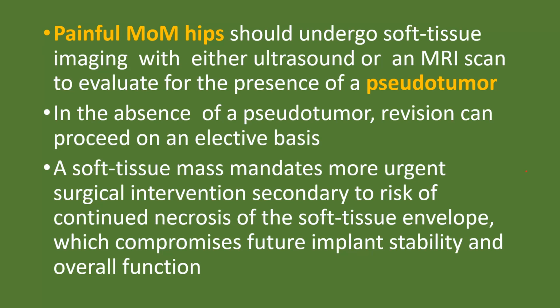In the absence of a pseudotumor, revision can proceed on an elective basis. A soft tissue mass mandates more urgent surgical intervention secondary to risk of damage to the soft tissue envelope, which compromises future implant stability and overall function.